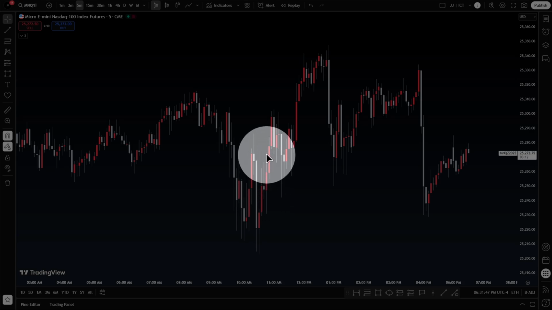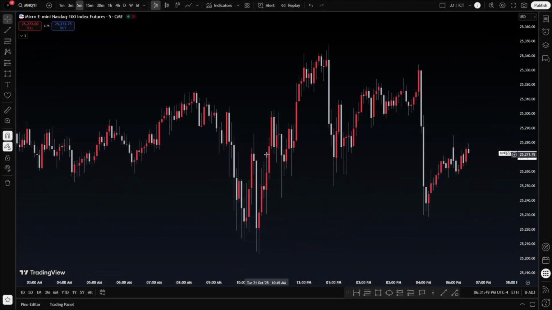So correlated pairs are two or more pairs, because there can be multiple, that are correlated with each other, inversely correlated or just regularly correlated, to where they do the same exact thing. One goes up, the other goes up. Inversely correlated is, for example, the euro dollar and the dollar index. If the euro dollar drops, the dollar index will rise higher.